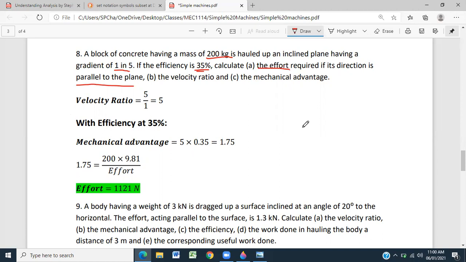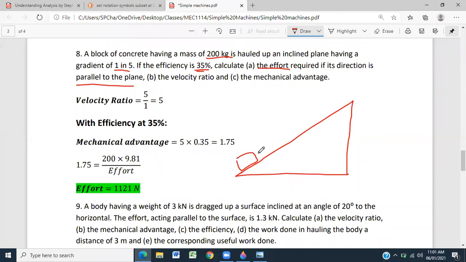So now, velocity ratio is distance traveled by the effort divided by distance traveled by the load or useful work done. And in an inclined plane, we have some box or something, or in this case, a 200-kilogram block of concrete, but let's say something we can push.